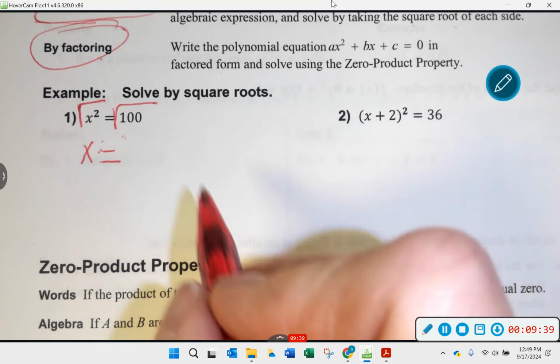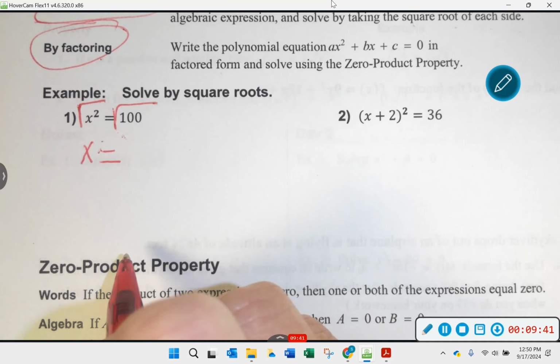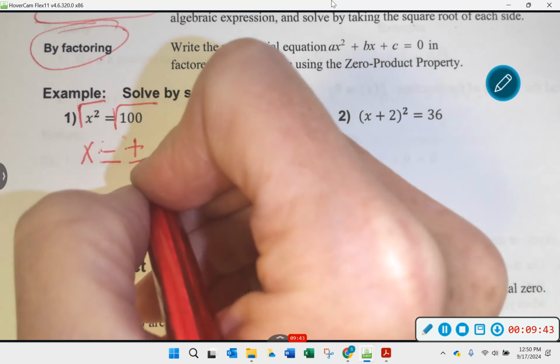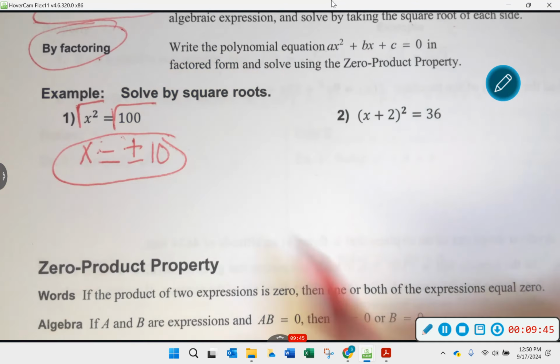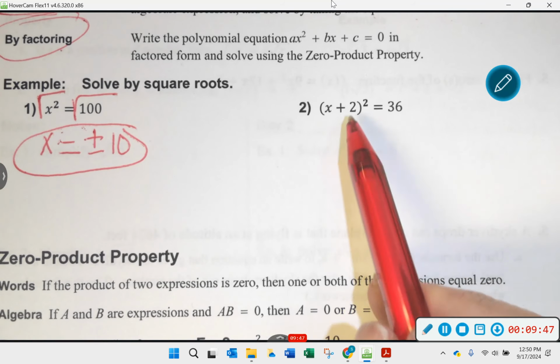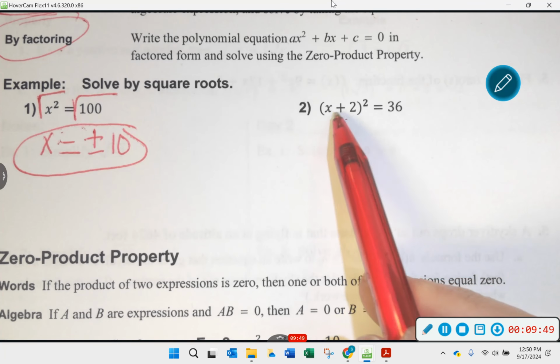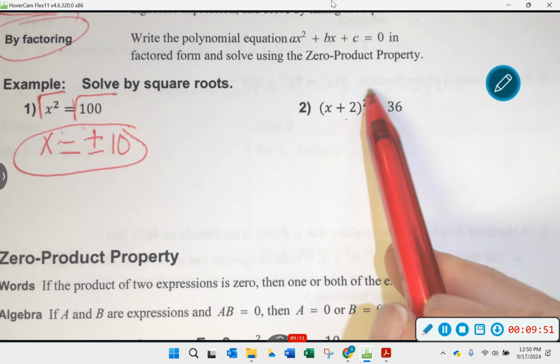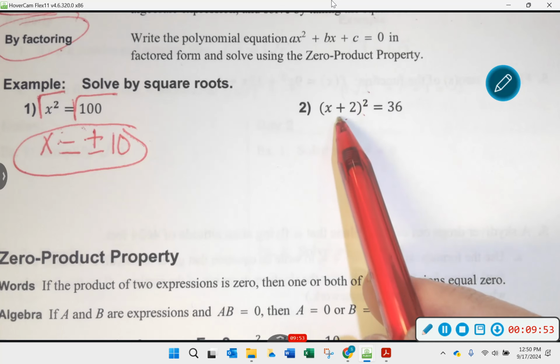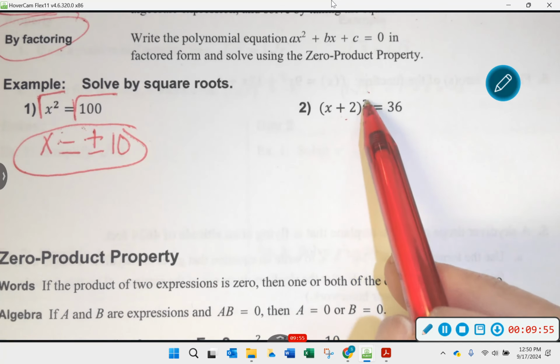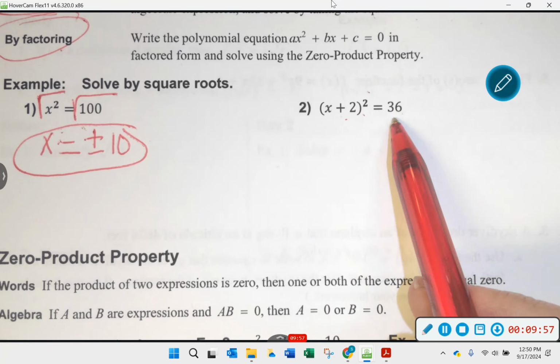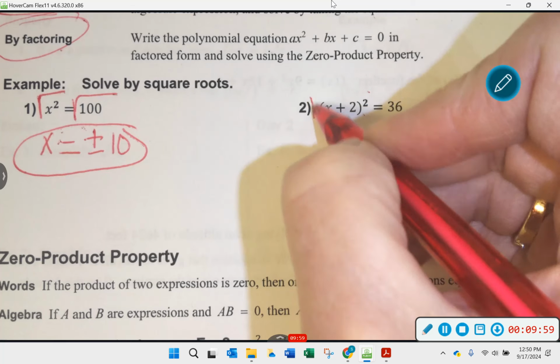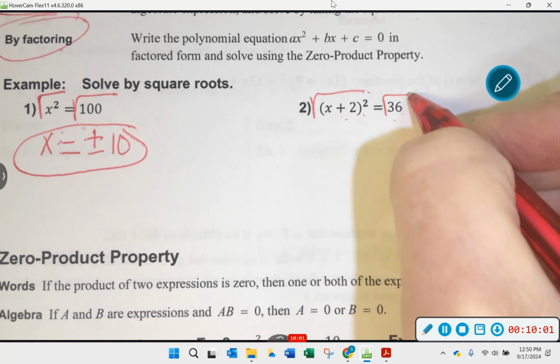Caleb, what's the answer? Good. And you could just write that as plus or minus 10. The second one is a little bit more challenging because notice we have a quantity getting squared, but it's in that form, u squared equals some value. So what I can do is take the square root, take the square root.